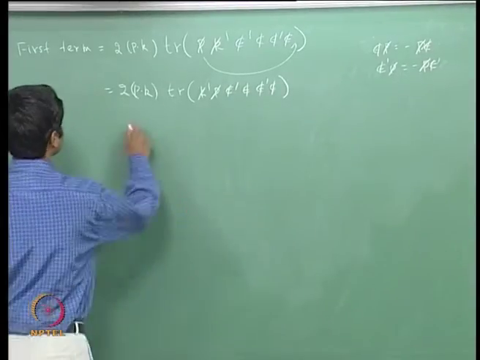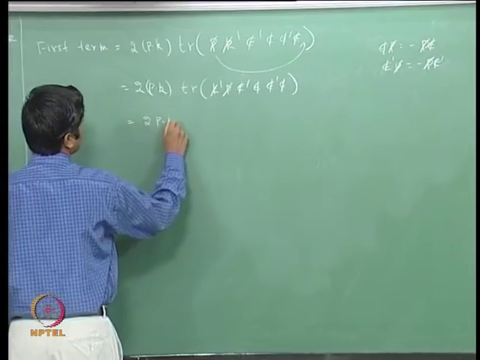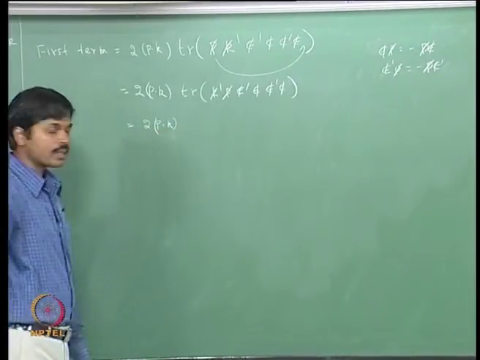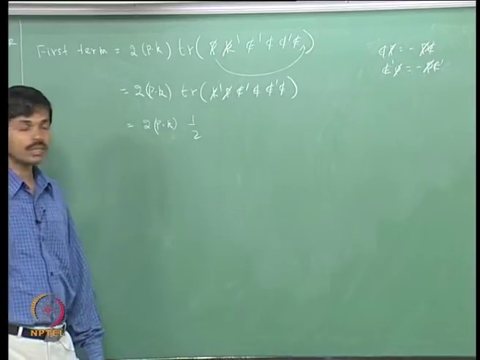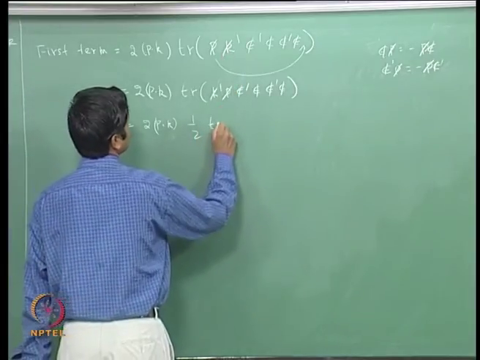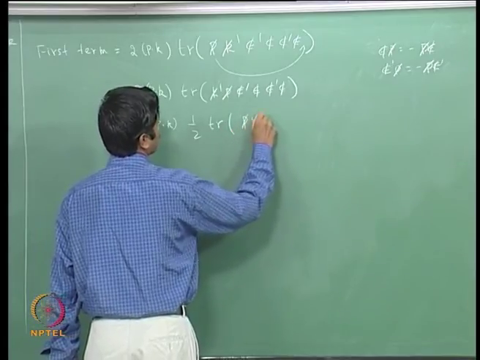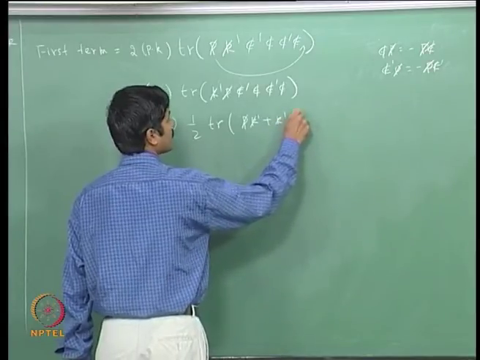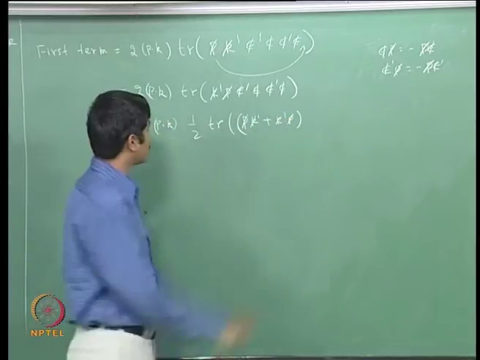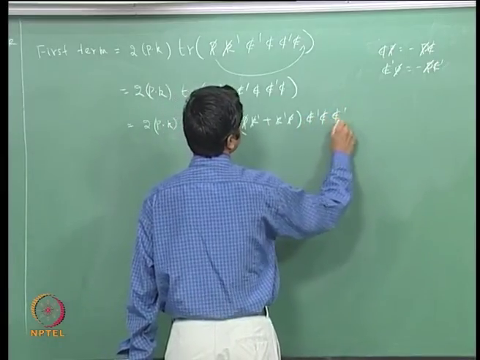Okay. Now, what I can do is, this quantity is twice p dot k times half of trace of p slash k prime slash plus k prime slash p slash times epsilon prime slash epsilon slash epsilon prime slash epsilon slash.